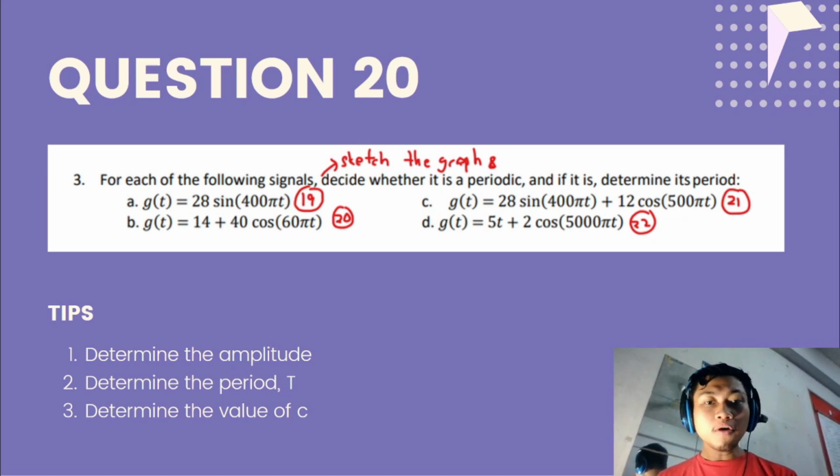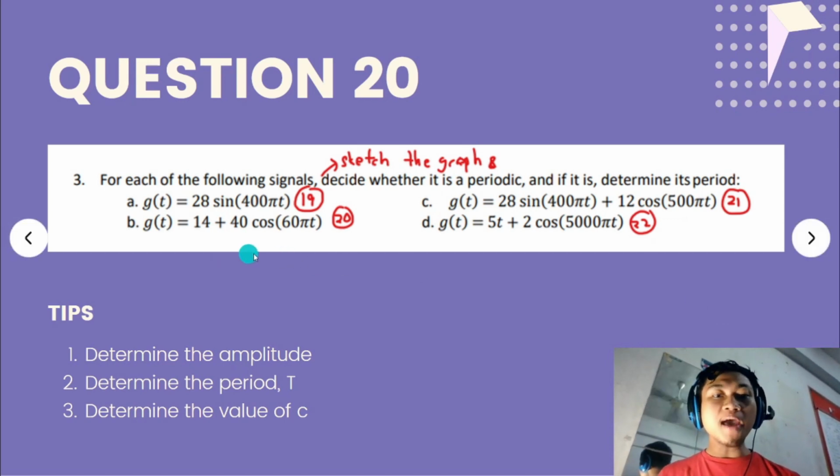Alright, before we go to the answer, here are some tips. The first one is we need to determine the amplitude. Which is the amplitude inside equation 3B? The amplitude is right here, 40.